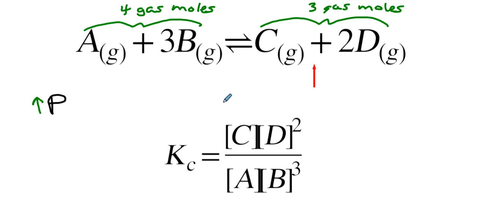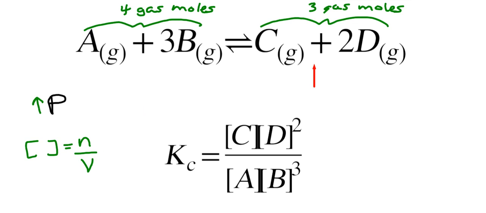So the increase in pressure is very much like increasing a concentration for the gas. If we think back to PV equals nRT, we know that an increase of pressure will actually involve a decrease in the volume if moles and temperature are held constant. And here's our concentration formula.